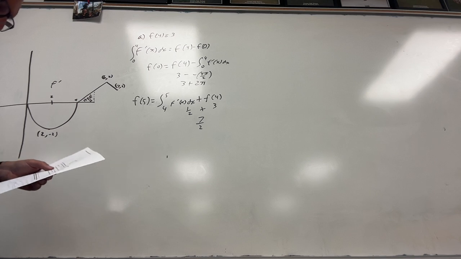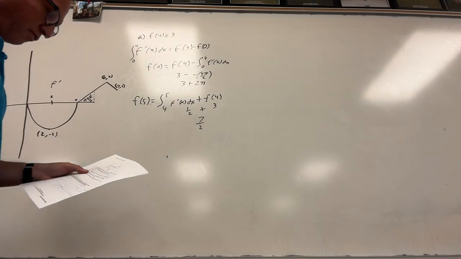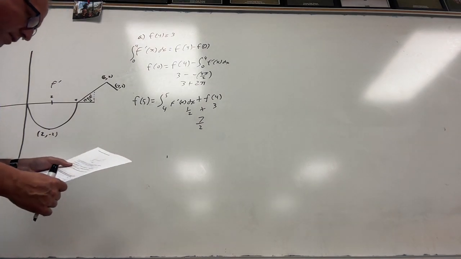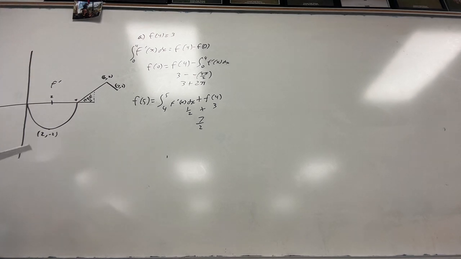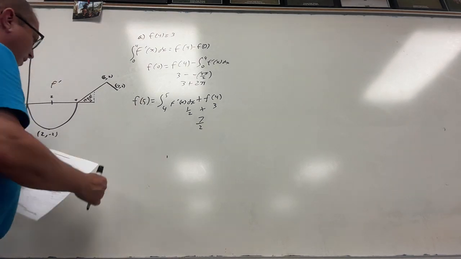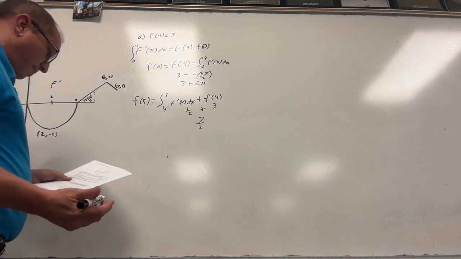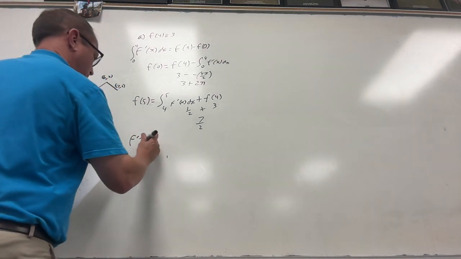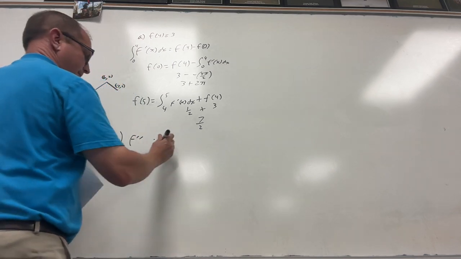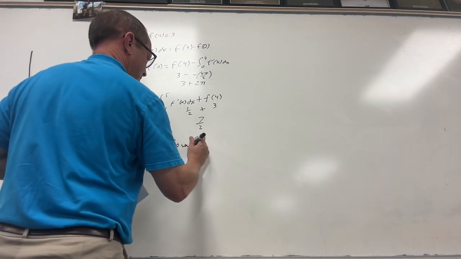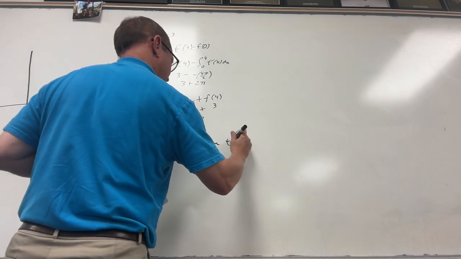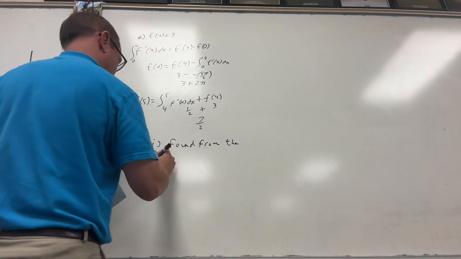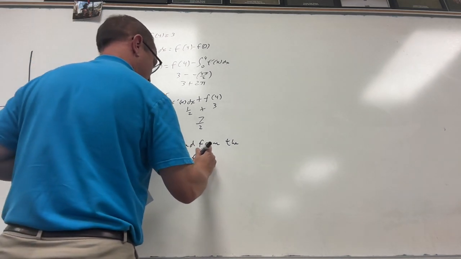Part B said find the x-coordinate of all points of inflection of the graph of f from 0 to 7. Now, understand that this is the graph of f prime. So for the graph of f, we've got to understand that f double prime is found from the slope of f prime.